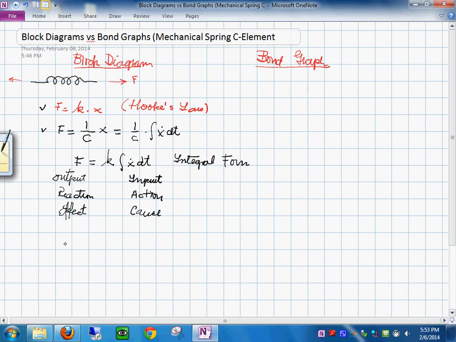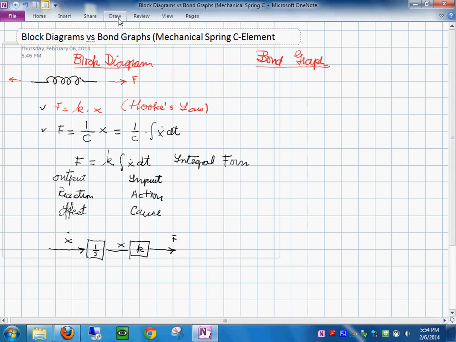So isn't it true that if we represent this as a block diagram, in here you have the input as x dot, you perform an integration here, 1 over s, let's say, and you have x over here, and you multiply it by k, and out comes F. Let me use the Simulink notation so that we are consistent with our drawings here.